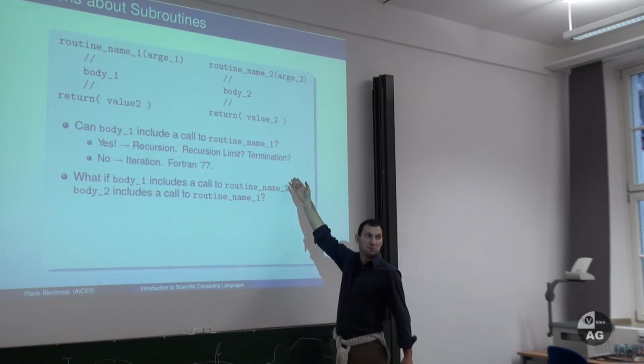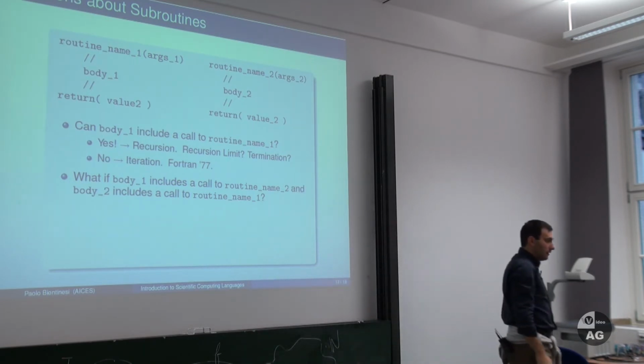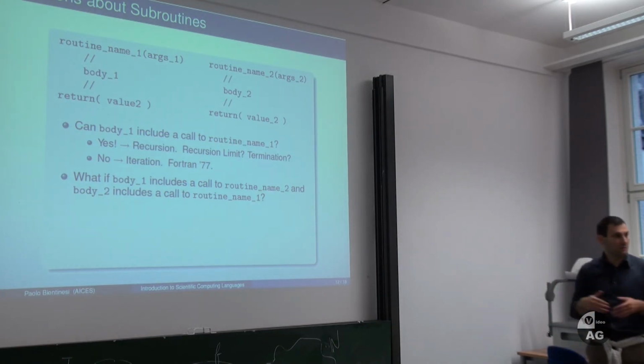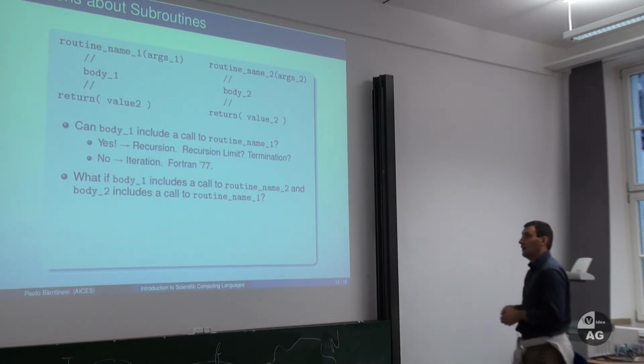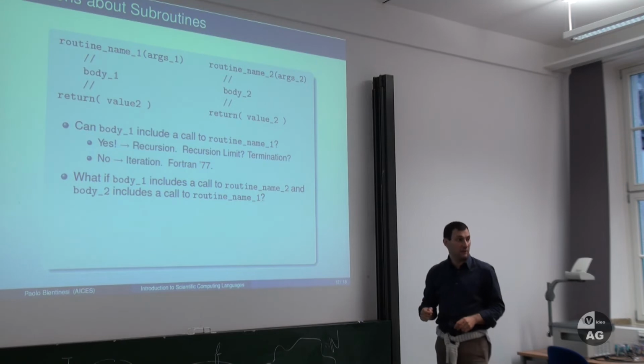These are super sophisticated languages, but they're very cool. Okay, as I said, if that is not allowed, it means that there is no recursion in your language. And Fortran 77 is the example. Fortran 95 allows recursion.